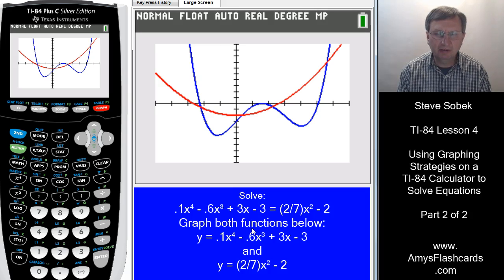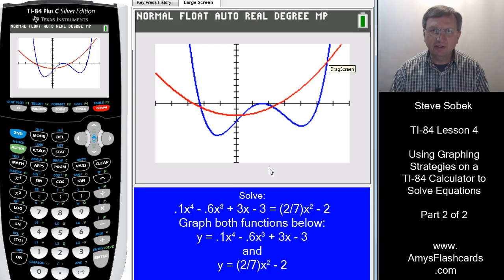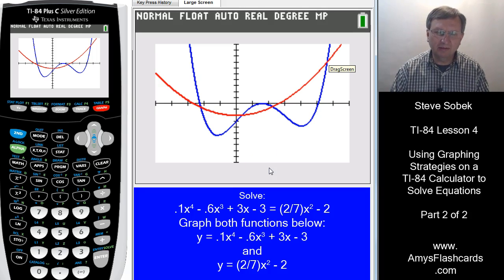And how many points of intersection do we have? 1, 2, 3, 4. Now, should we be concerned that maybe there's more outside of the current viewing window? Because after all, in my earlier videos, I taught you to be very wary of what's beyond the viewing window.